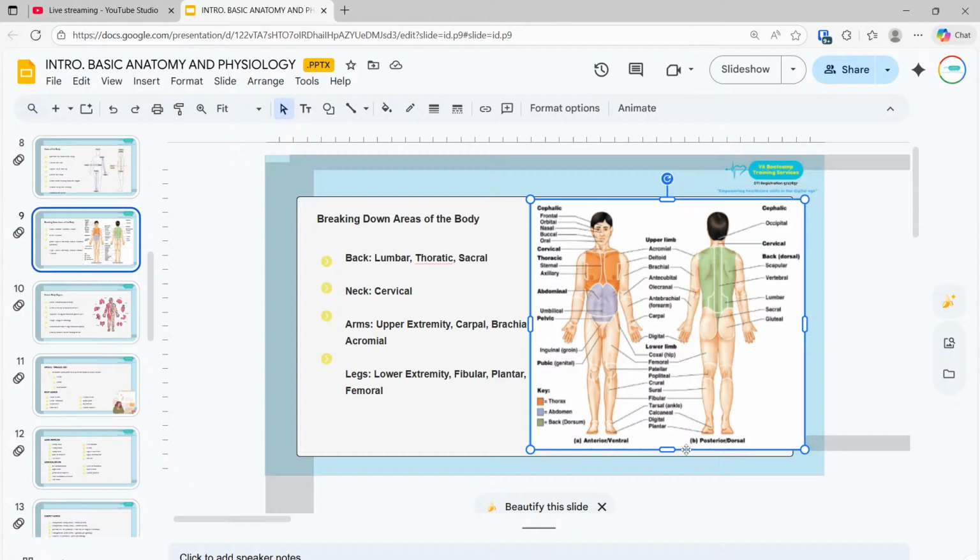Okay, so these are the key areas of your body. All right, so this is color coded. Those that are colored red belong to the thorax. Those that are light blue are your abdomen, and the green one is your back, or dorsum, or dorsal.